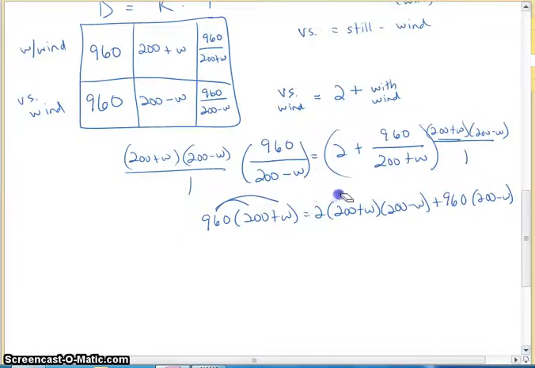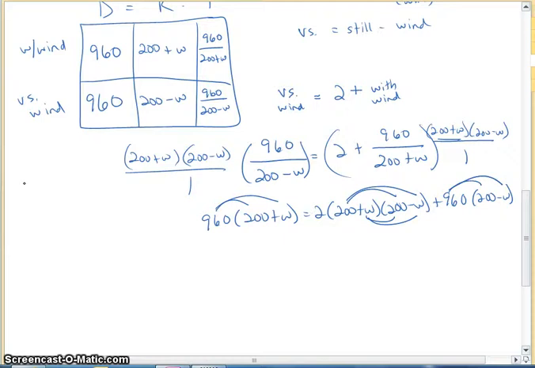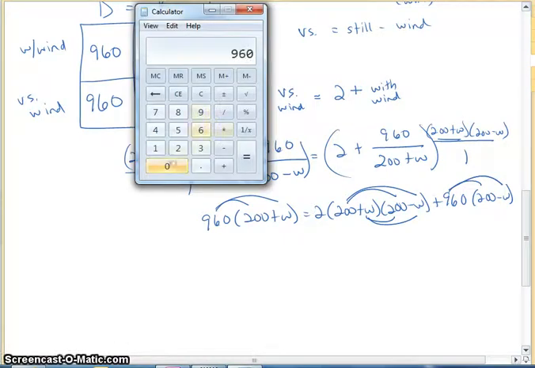Actually, I'm going to distribute in here first. So I need to know what's 960 times 200. So 192,000.